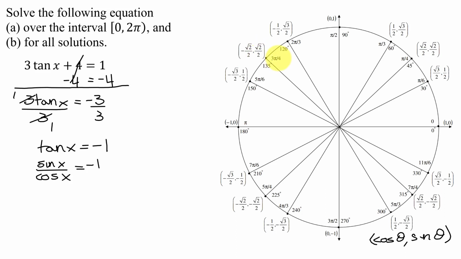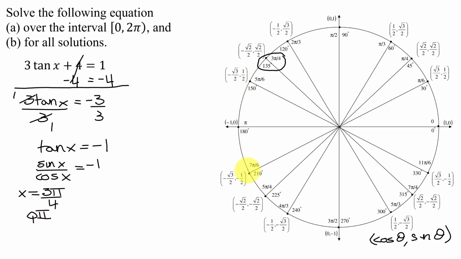And if I look at the point 3 pi over 4, the cosine value is negative the square root of 2 over 2, and the sine value is the square root of 2 over 2. So if I divide the sine value by the cosine value, I will get negative 1. So my first solution is x equals 3 pi over 4, and that is my quadrant 2 solution.